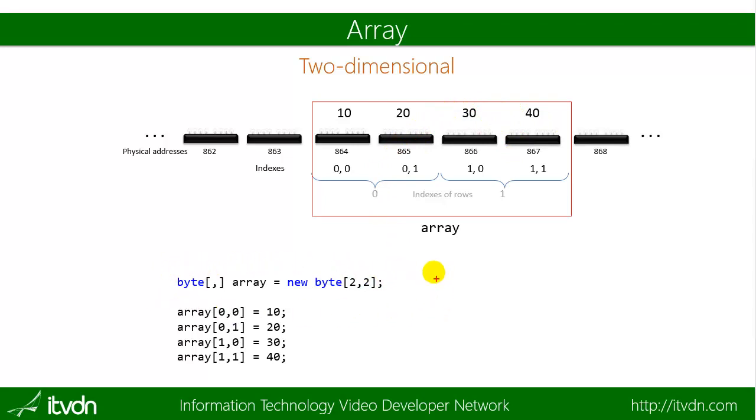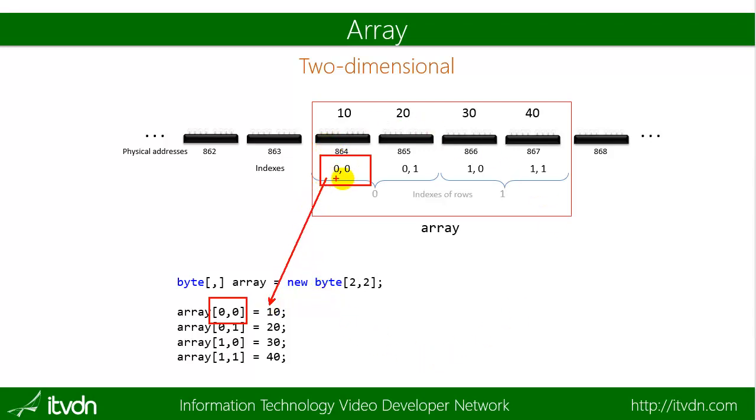And the assignment is also like this. So you have array 0.0, assign a value of 10. Where is this 0.0? It's right here. This is what we assigned a value of 10 to. You can see this 10 is put right in here.